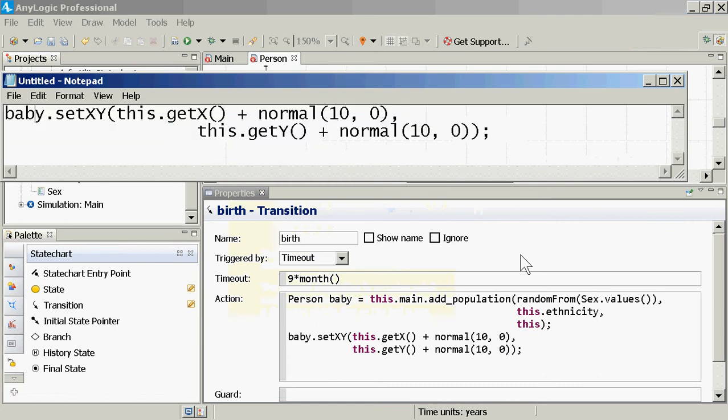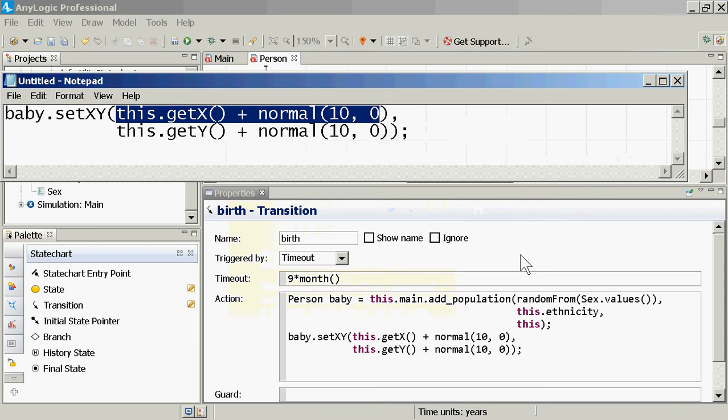So this set xy needs two pieces of information to do its job. The first piece of information it needs is the x location, and that's going to be given by this dot getX plus normal, this normal perturbation.